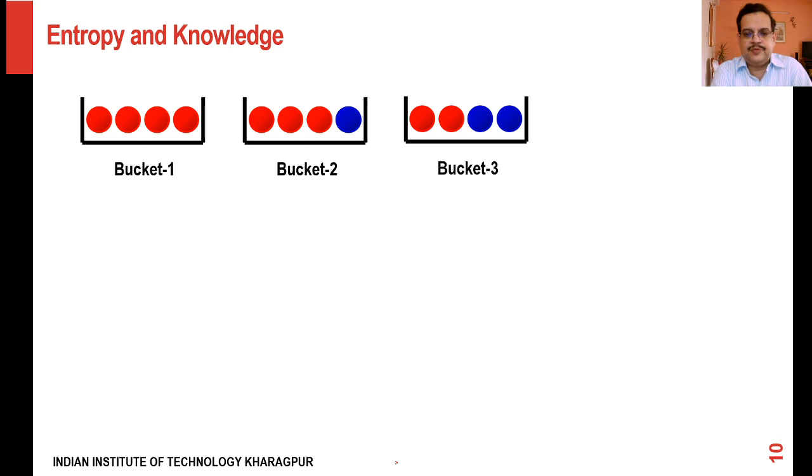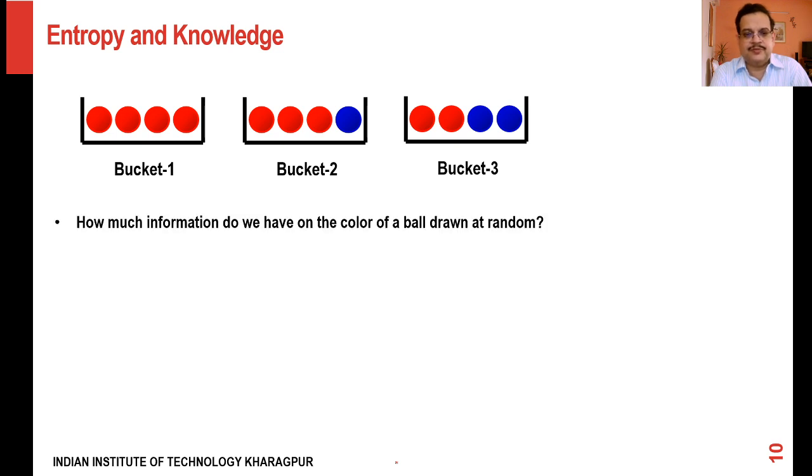From bucket 2, if I draw a ball, then with a probability of 0.25 it may be blue, but with a probability of 0.75 it is red. And in bucket 3, a blue and a red ball are equally probable, each with a probability of 0.5.